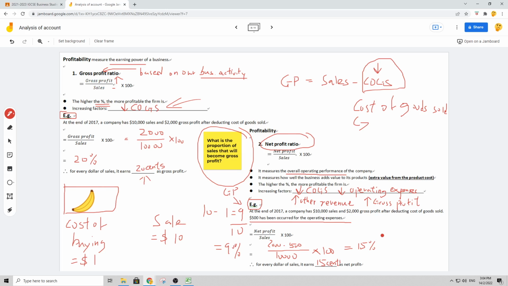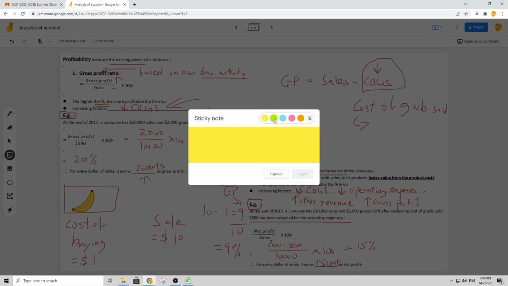What does it mean? This is something that you may have to explain in the exam as well. So can anyone try to answer this question? Anybody?